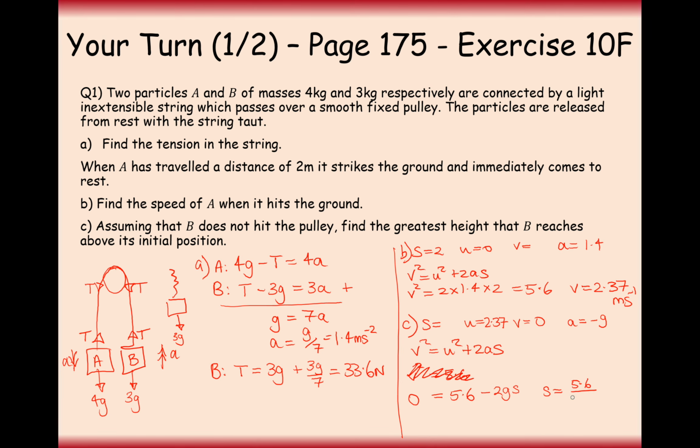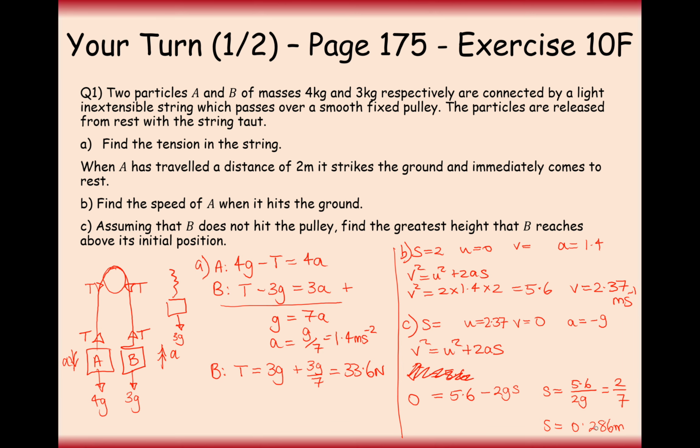5.6 divided by 2g, which is going to be some decimal number, 2 times 9.8, and that gives us 2/7, which means that s is equal to 0.286 meters.